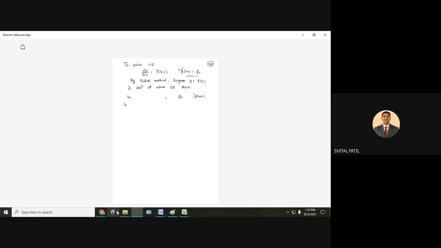The next value of x, that is x1, is x naught plus h, a small increment in x, whereas y1 equals y naught plus h f of x naught, y naught.